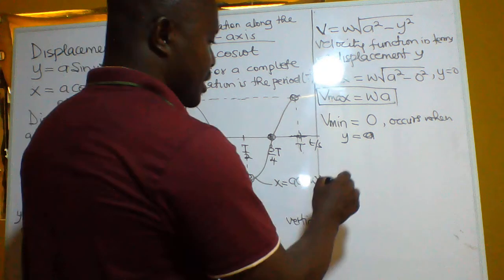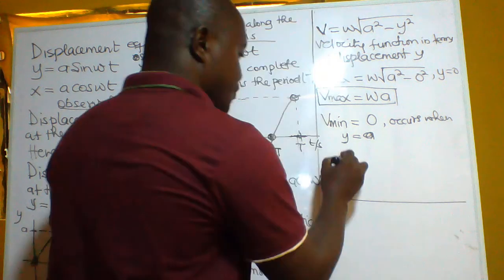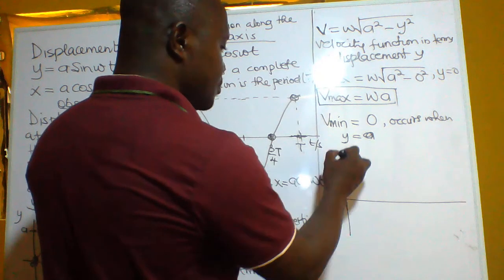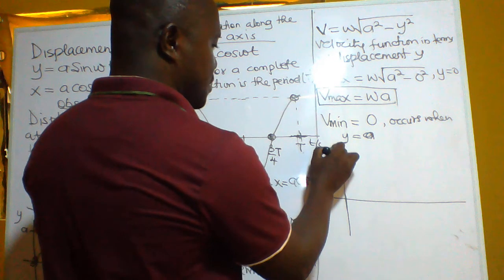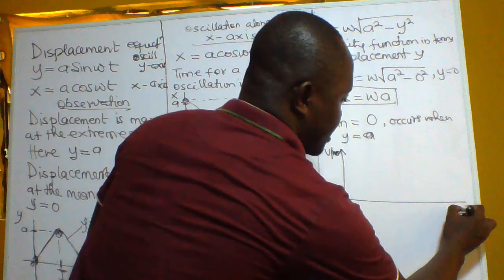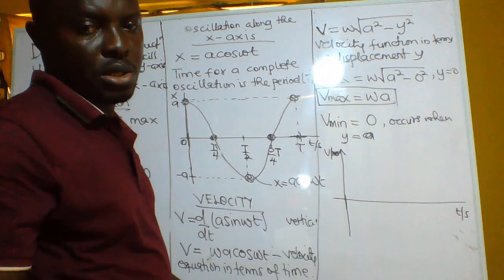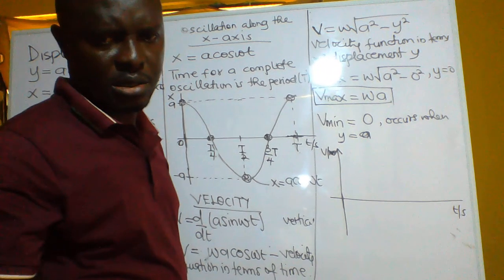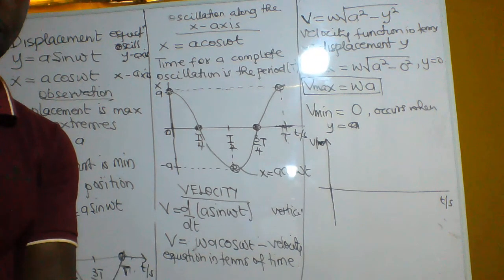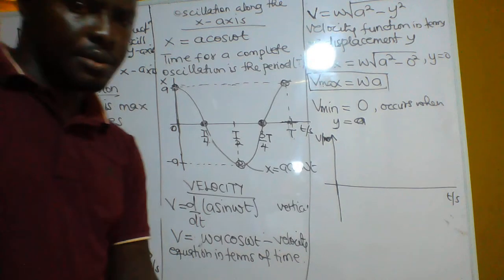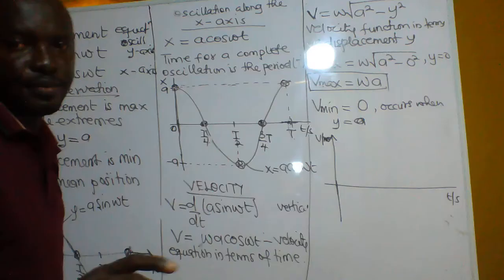Now let's draw a graph of time against velocity. So this is v in meters per second. This is time. We are considering one complete oscillation, and so the time for a complete oscillation is the period.